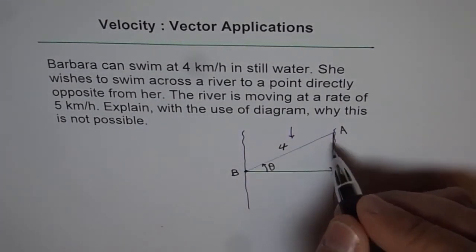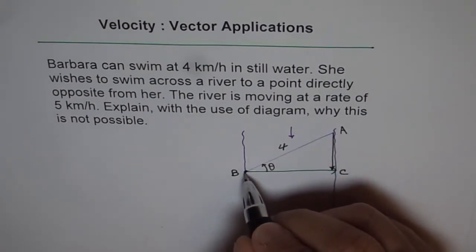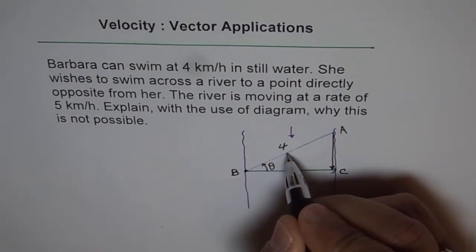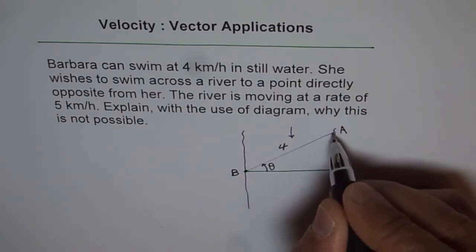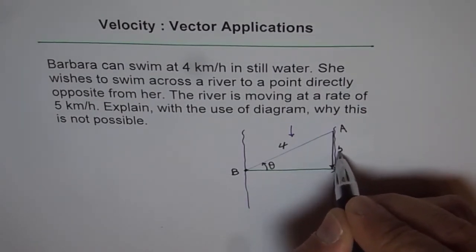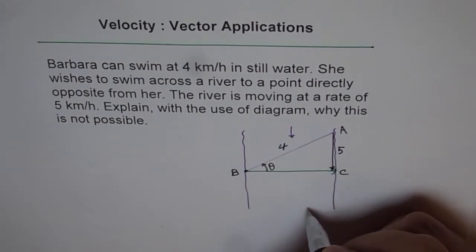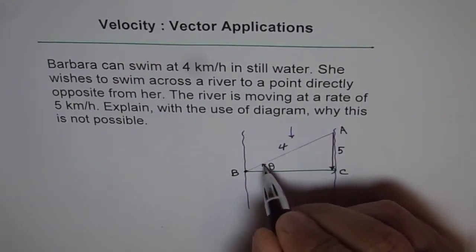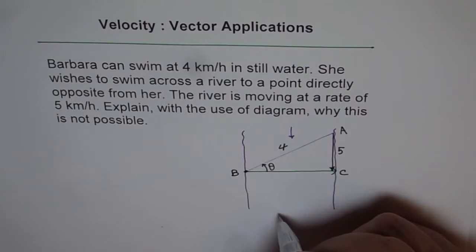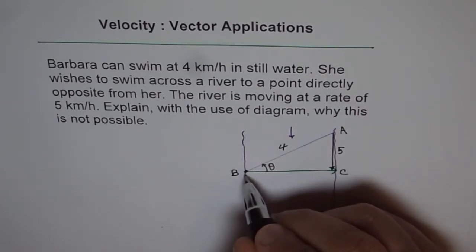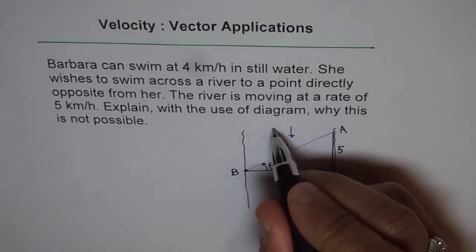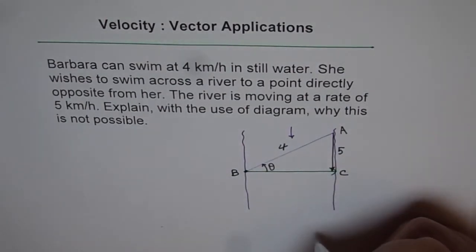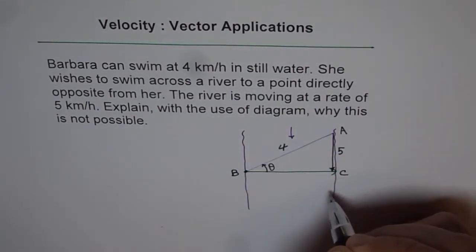So let's say in 1 hour, Barbara will go 4 units in this direction and the river is going to bring her down by 5 units. So this is 5 kilometers. Now, what should the angle be so that Barbara can head somewhere here and reach there? The answer is, it is not possible.